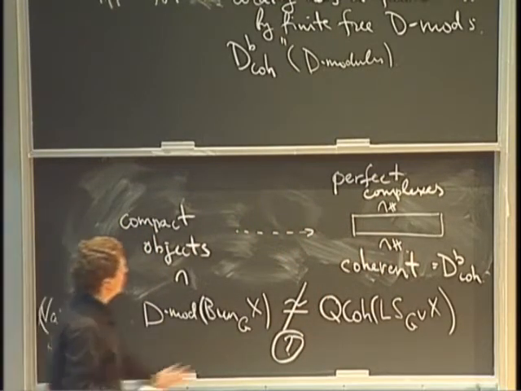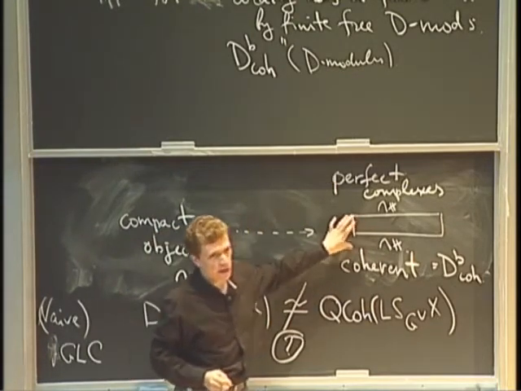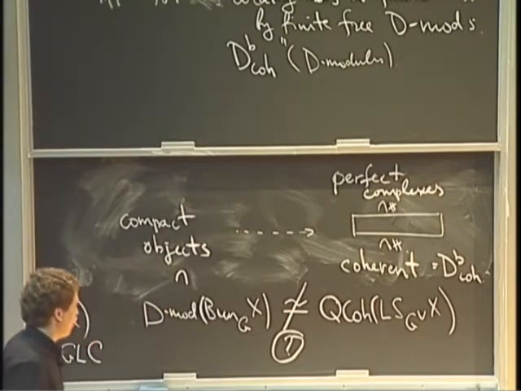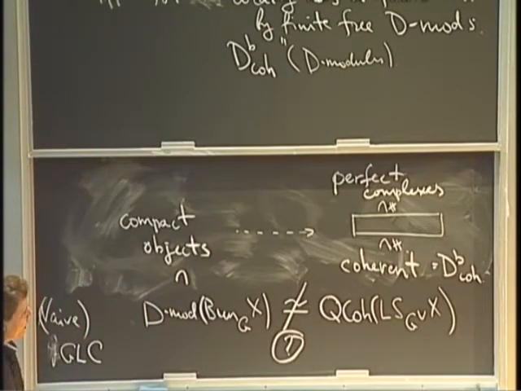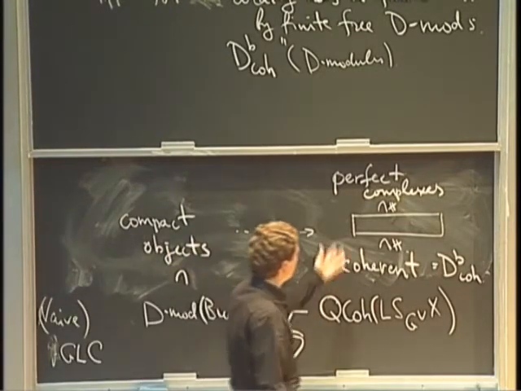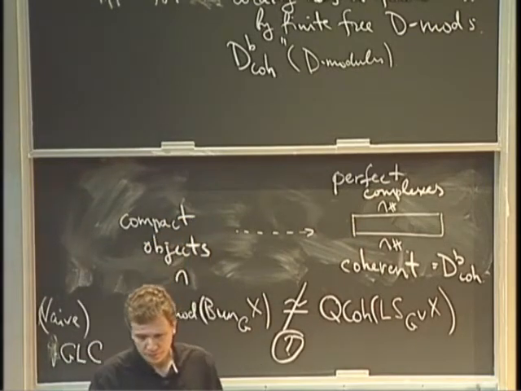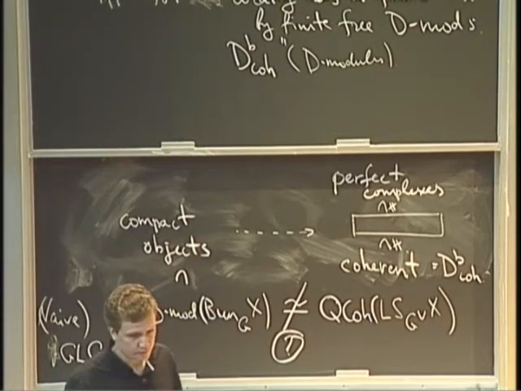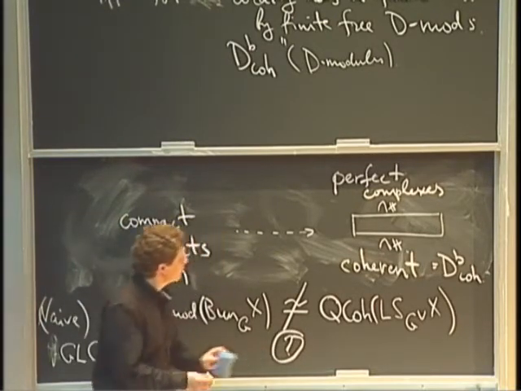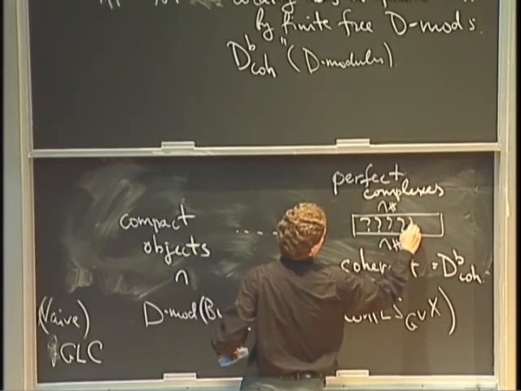In other words, this is too small, this is too large. We need to know which one is just right. And so basically our goal for the rest of the talk is to fill in this box. So for now, I can put a lot of question marks.